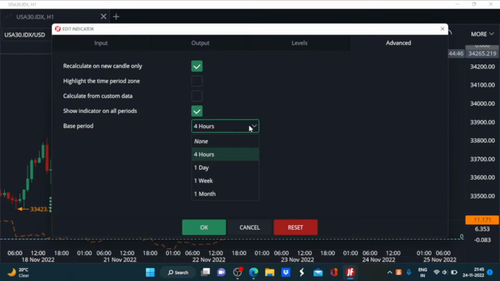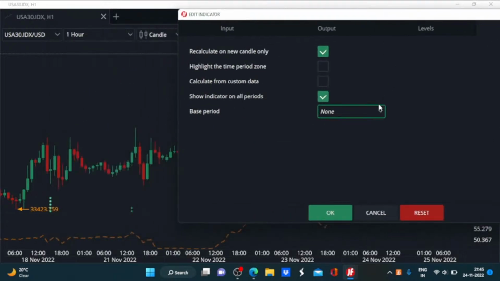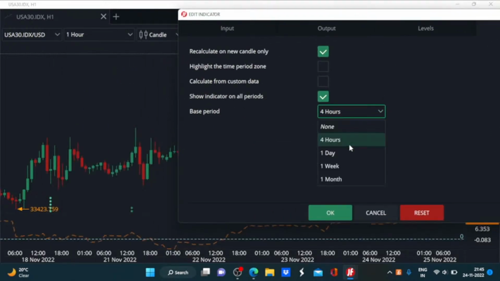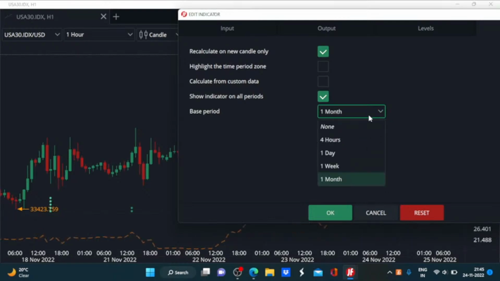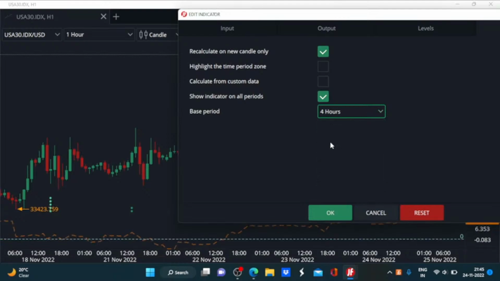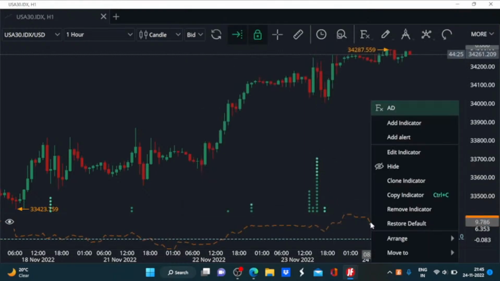All right, the base period can be none, or 4 hourly, or daily, or weekly, and this defining of the base period is going to impact a lot. So you will have to decide what kind of base period you want, and accordingly, this indicator's plotting is going to vary.